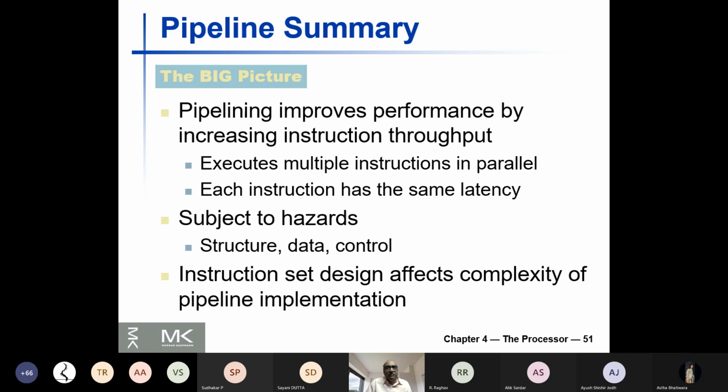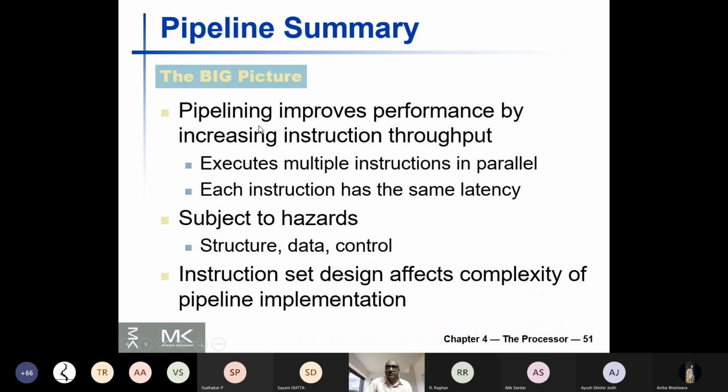We know that an instruction is executed in different stages: fetching, decoding, then execution, then memory access, and finally write back. If you can arrange the total execution in the form of different stages, then you can incorporate the pipelining concept, where we run multiple instructions and each instruction makes use of a separate stage.